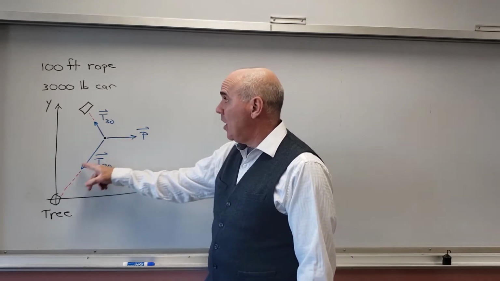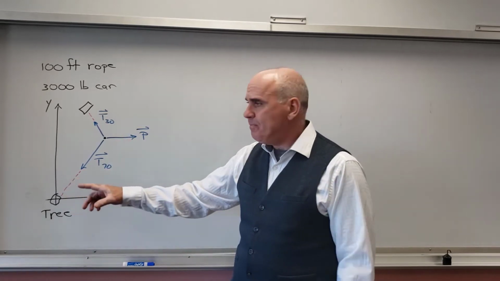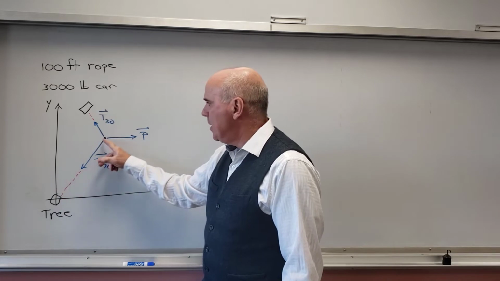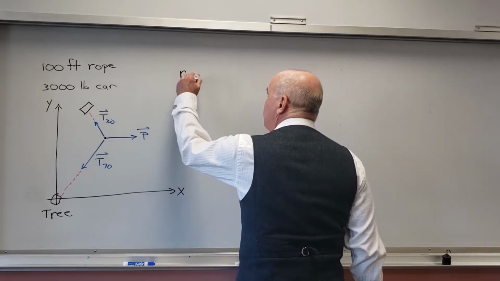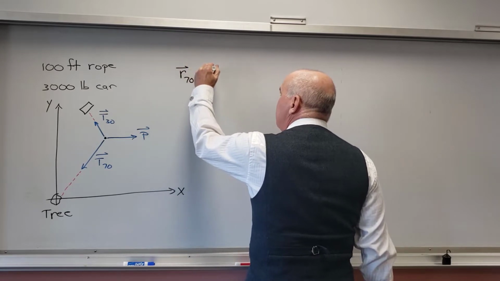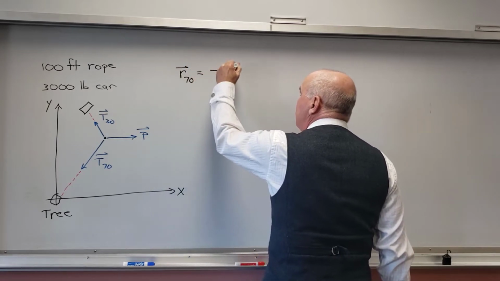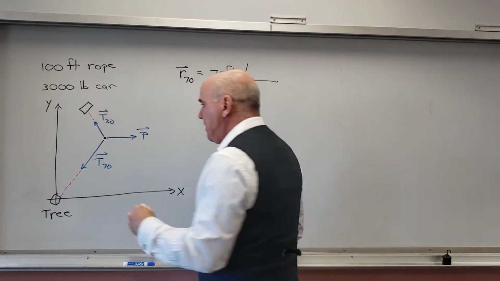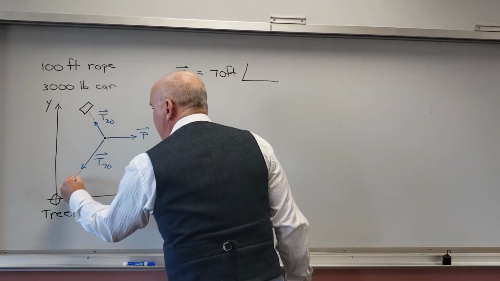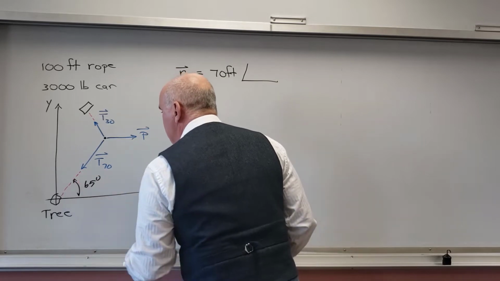All right, so first off, I have a displacement vector from the tree to where I am pulling, and I'm going to call that R70, and that's going to equal 70 feet, and the angle that I'm going to choose to have down here is 65 degrees, okay? So we'll assume that that's given in the problem.